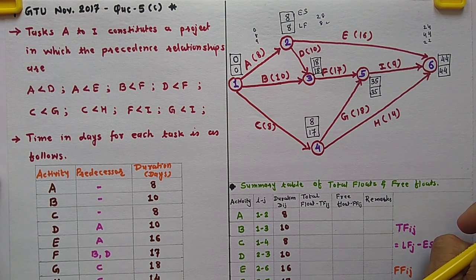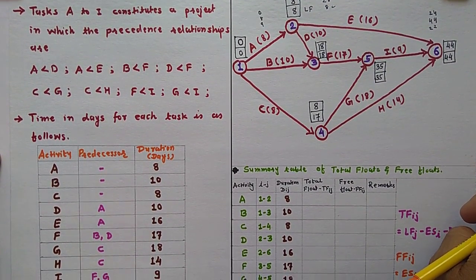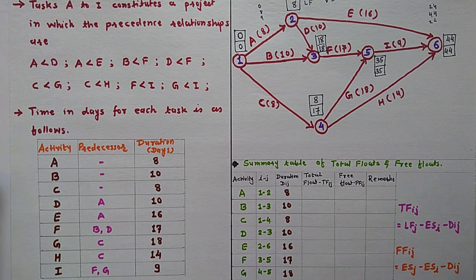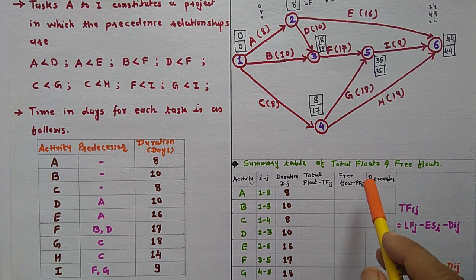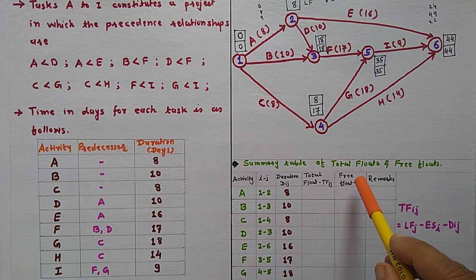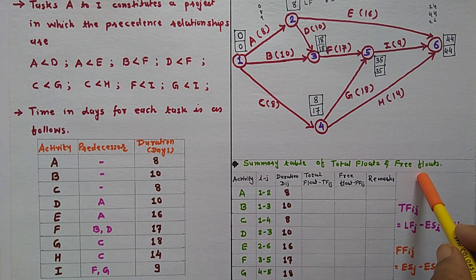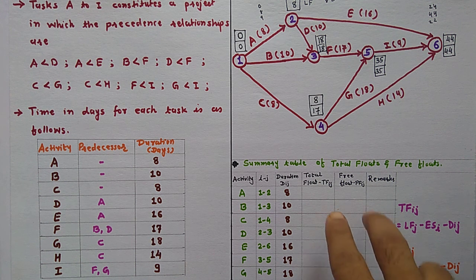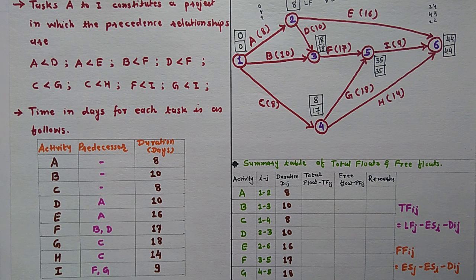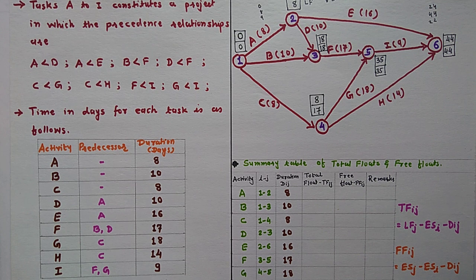This is a summary table in which we will put the values of total float and free float. In this example we only have to find the total float, but for your easy understanding we will calculate both, total float and free float.